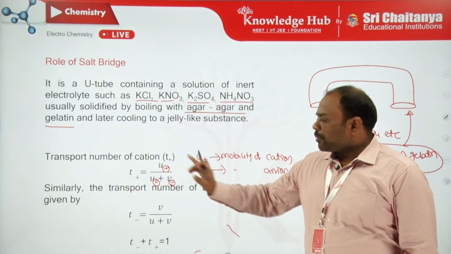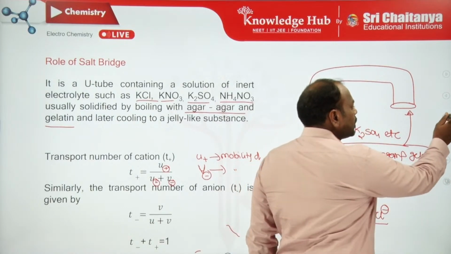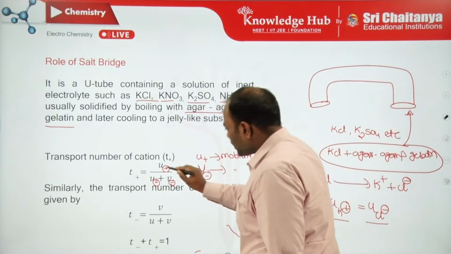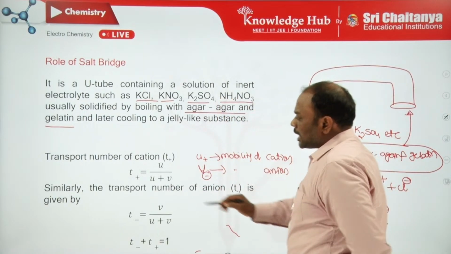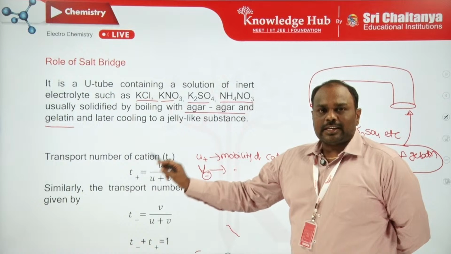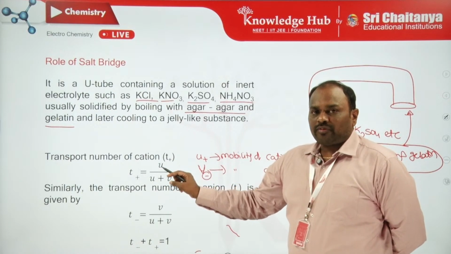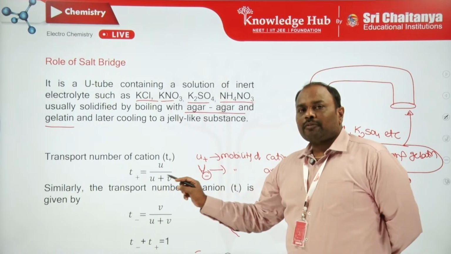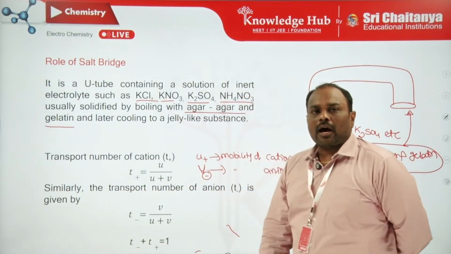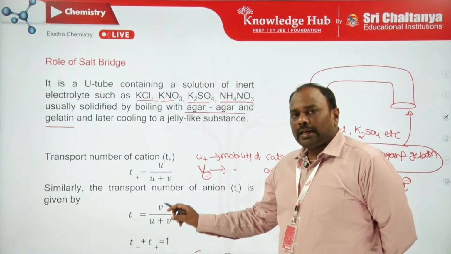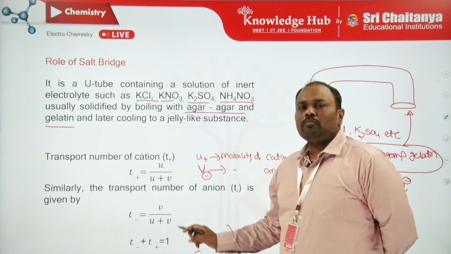The transport number of the cation, T plus, is equal to the mobility of the cation divided by the mobility of cation and anion. Similarly, the transport number of the anion is equal to the mobility of the anion divided by the total mobility.